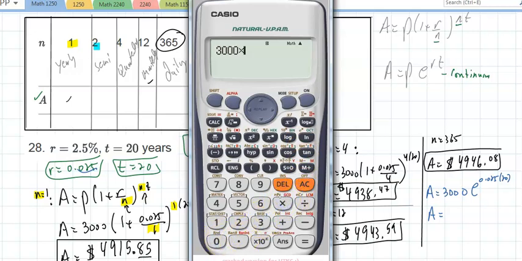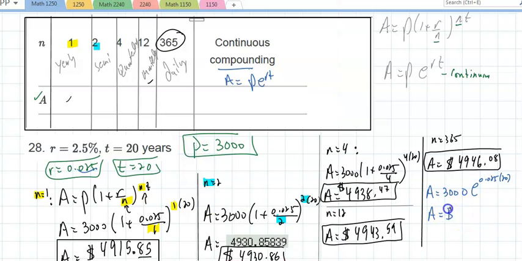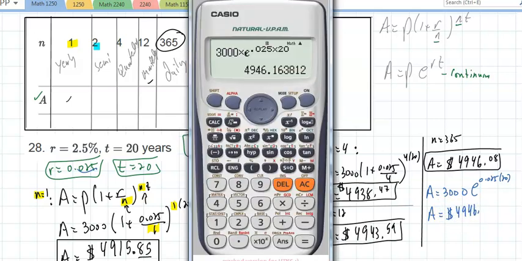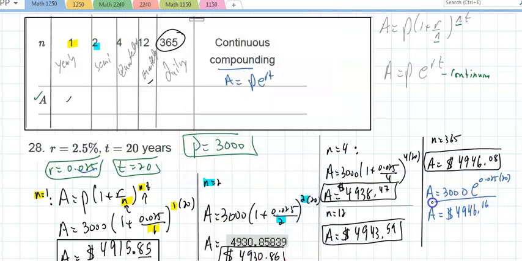Yours, you could say multiply, and E is right there under natural log. And if I take 0.025 and multiply that by 20, I think I need parentheses there, but I'll double check. No, I don't. It'll be $4,946.16. And do you see that that's almost identical to that amount? You're only off by 8 cents.